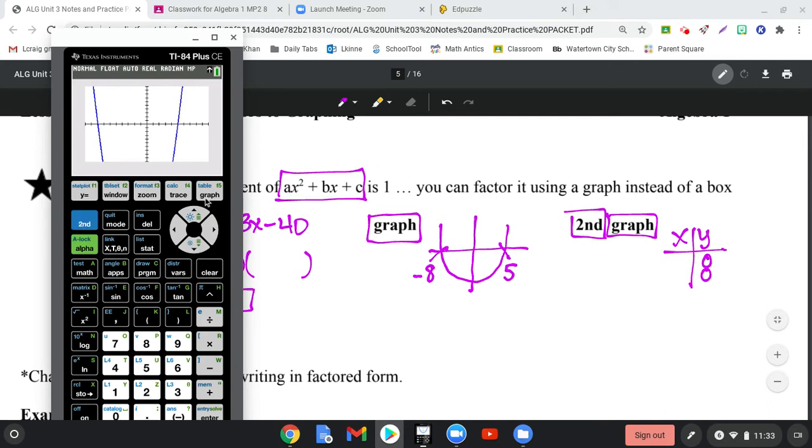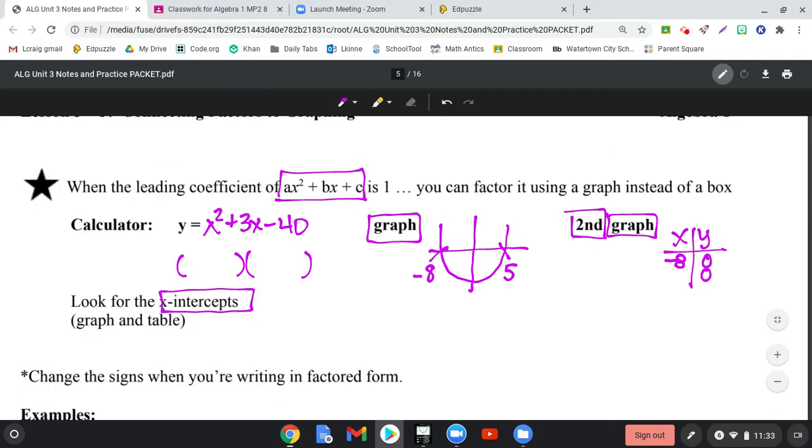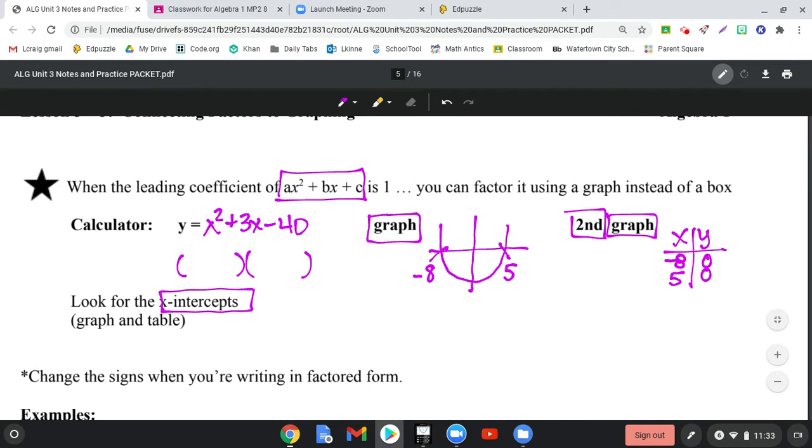So if we hit second graph, see how at negative 8 it's 0? And then if you scroll down in the table, see how it flips and starts to go back up. Find that 0 at 5. Either way, those are the two numbers we need. So now you're ready to write your answer.